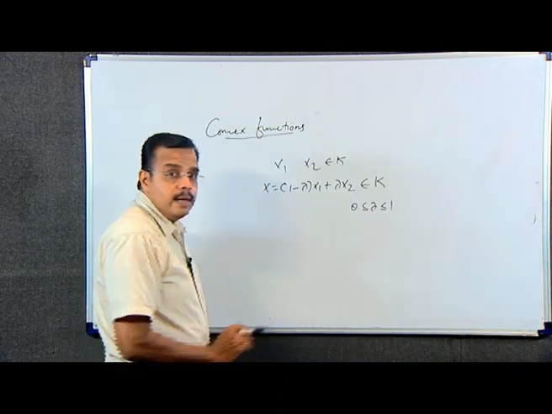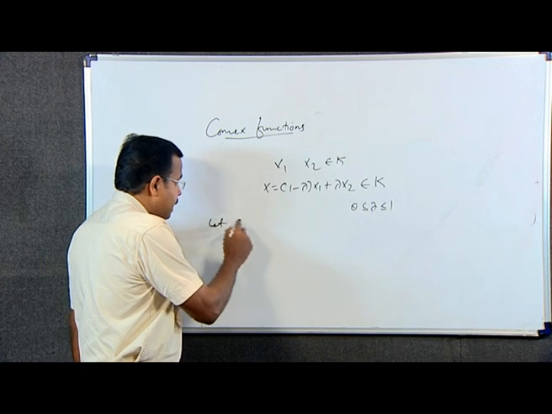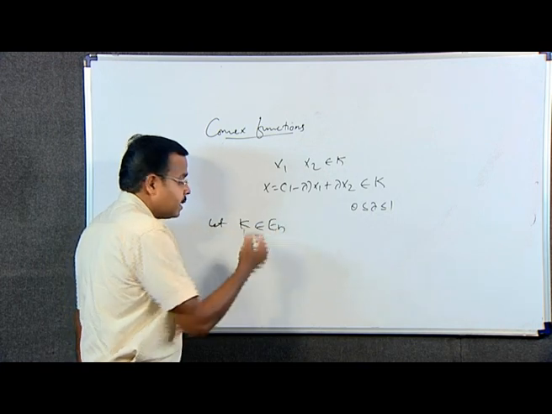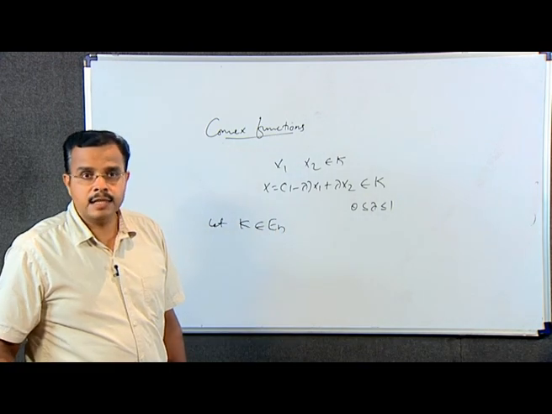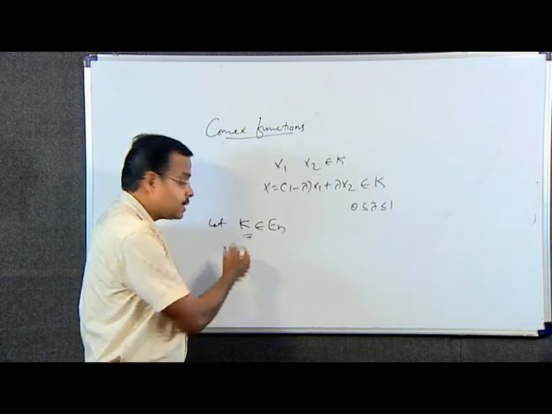Next, let K belong to the Euclidean n space En, where K is a convex set.